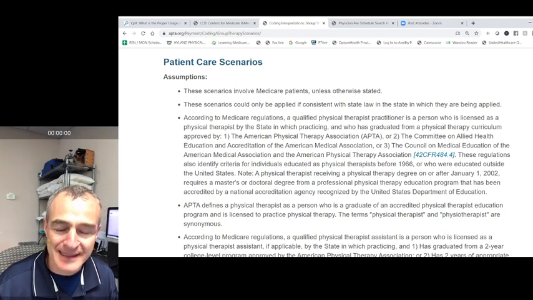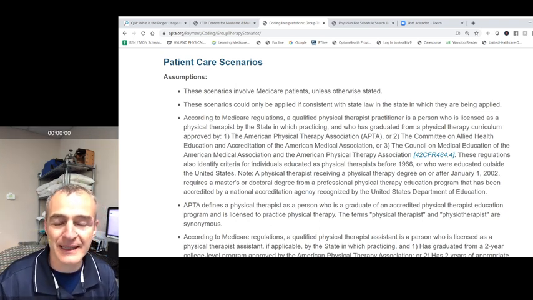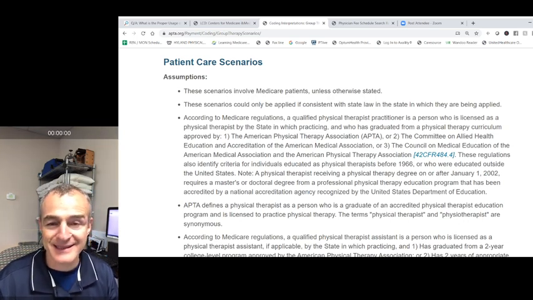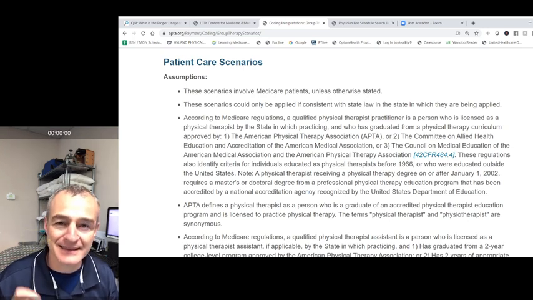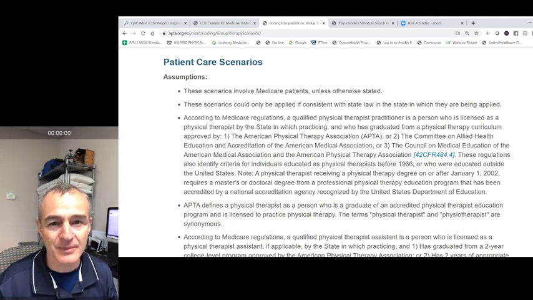Instead of 97150, I provide 97530. I still have the same documentation, I still have the same time requirements, but now those billable minutes are billable as a time-based code. The reimbursement on a 6-person session instead of a 10-person session could be upwards of $220.